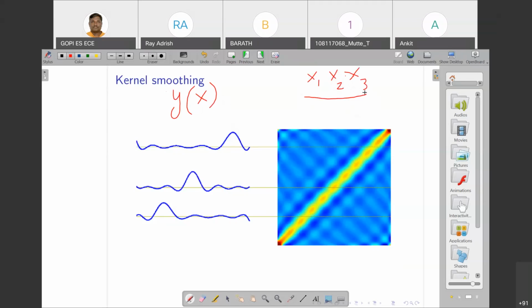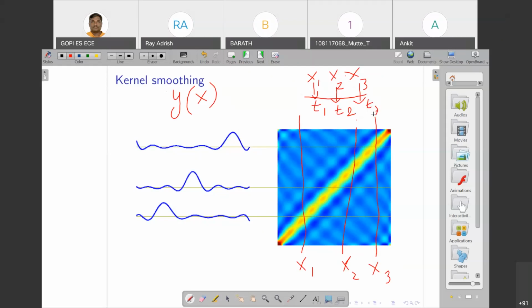Let us say your training data are at these locations, and for x1, x2, x3 you have corresponding observations t1, t2, and t3.